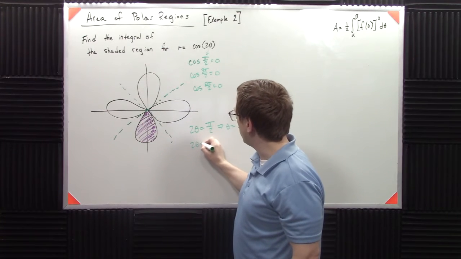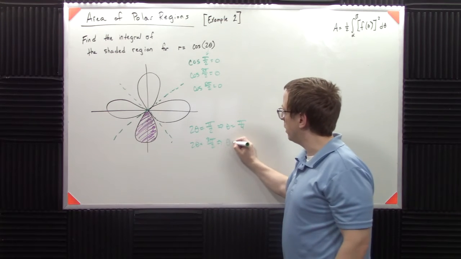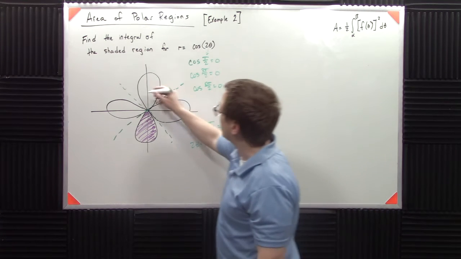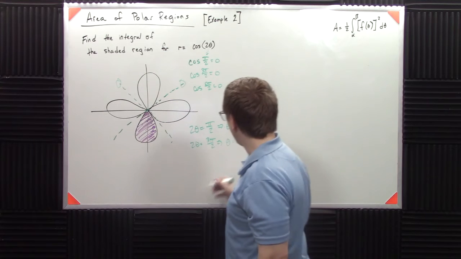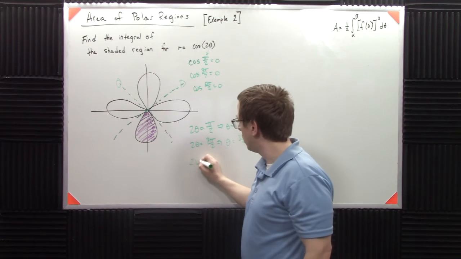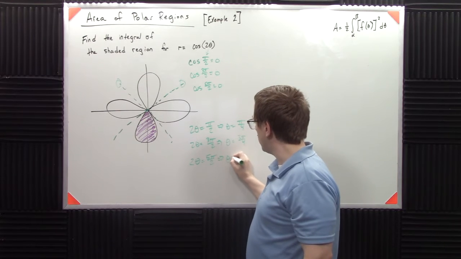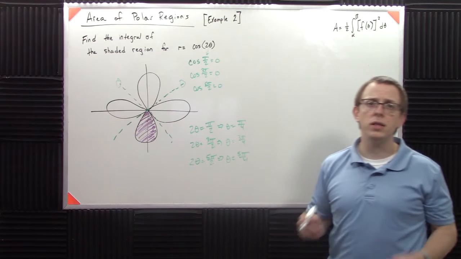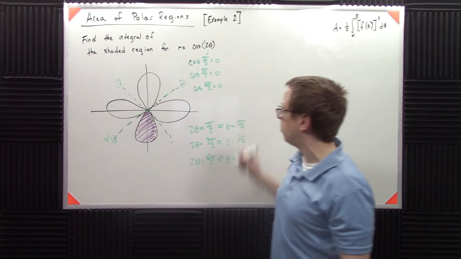Well, if 2 theta is 3 pi over 2, that tells me theta is 3 pi over 4. Okay, but that's not our case here either. That's 3 pi over 4. All right, well, if 2 theta is 5 pi over 2, that tells me theta is 5 pi over 4. So if theta is 5 pi over 4, well, that is our case here. All right, so that's a good one.